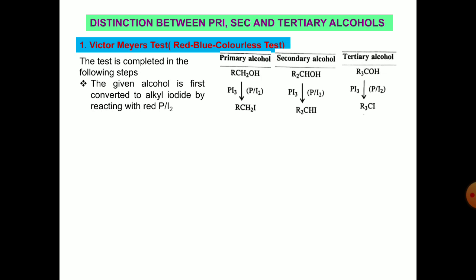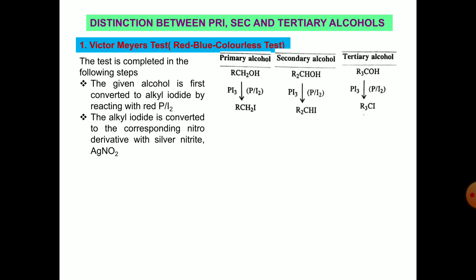The iodoalkanes are formed. In the second step, the alkyl iodide is converted to the corresponding nitro derivatives with silver nitrite, AgNO2. When these compounds react with AgNO2, alkyl iodide plus AgNO2 gives the nitroalkane.